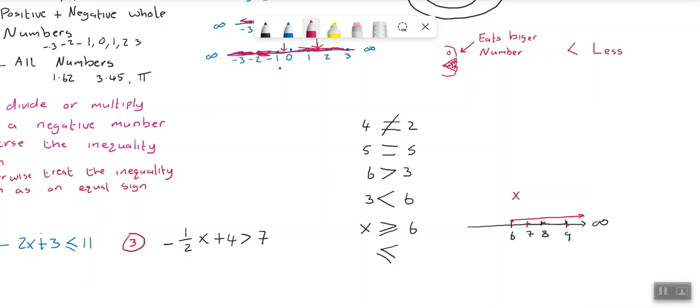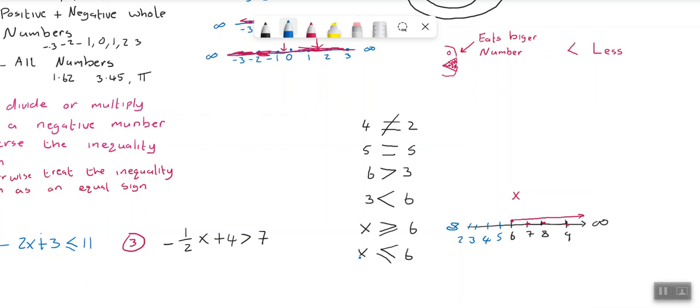The next one, you could have something like this: x is less than or equal to 6. It would be the opposite. So it's less than. Let's say 5, 4, 3, 2, and then this goes on indefinitely in this direction to infinity.